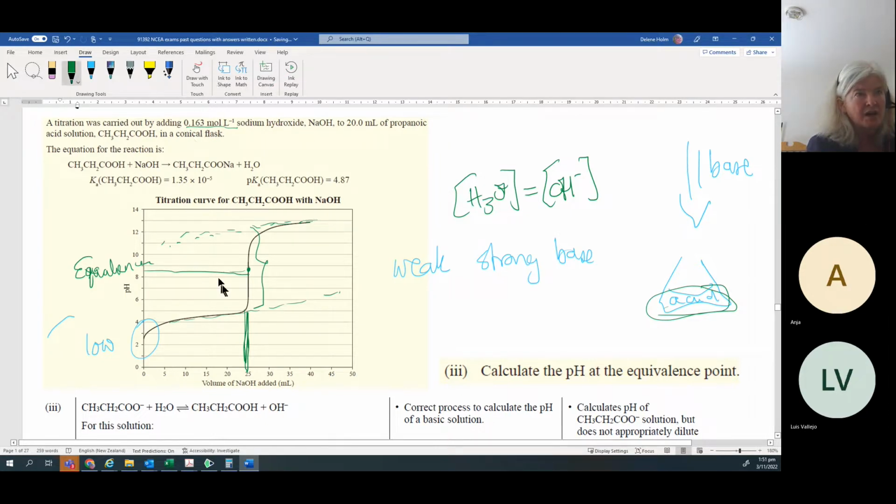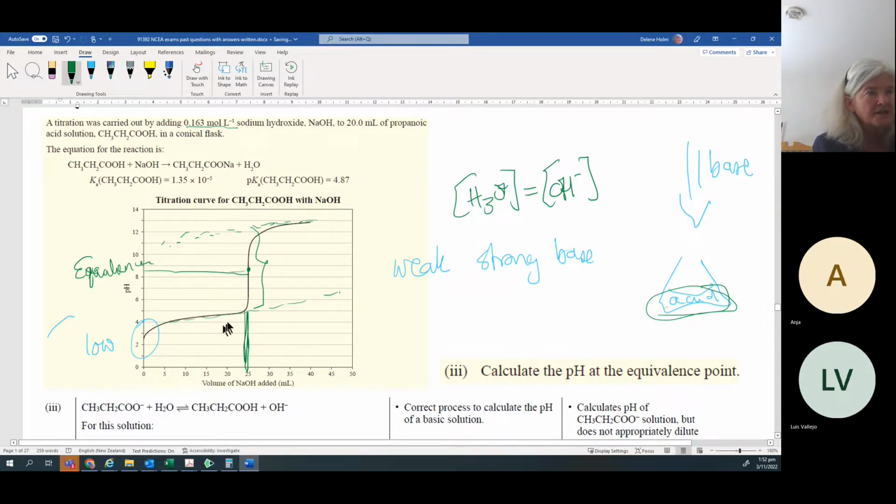So as I add my base, even if I had excess of sodium hydroxide, it'll always be slightly diluted from that acid. That's why it'll never go exactly to the pH of a 0.163 mole per liter solution.